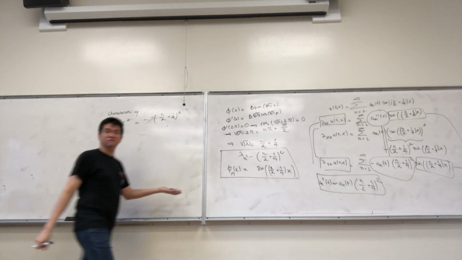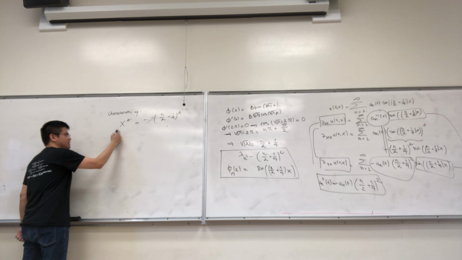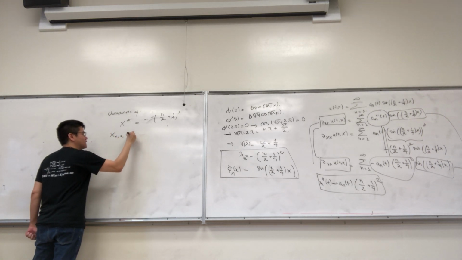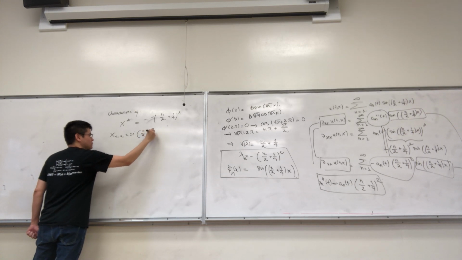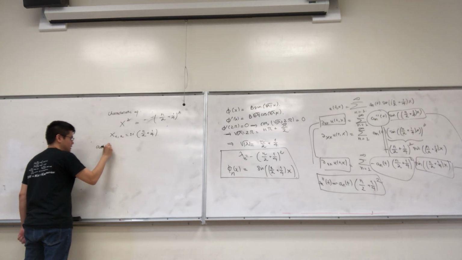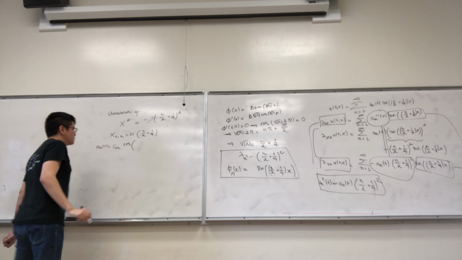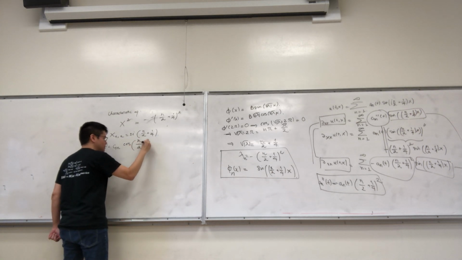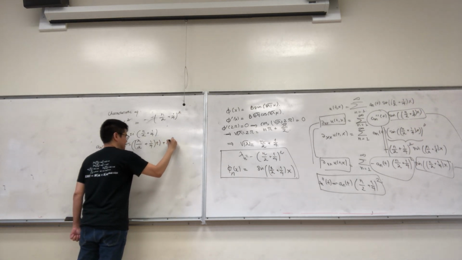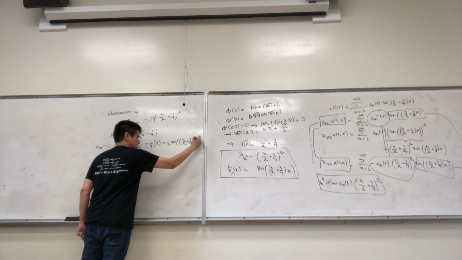Because this is a second order differential equation, what you do is you use the characteristic equation. You have two roots, plus or minus i (n over 2 plus 1 over 4). So a_n(t) has to be c1n cosine of (n over 2 plus 1 over 4)t plus c2n sine of (n over 2 plus 1 over 4)t.